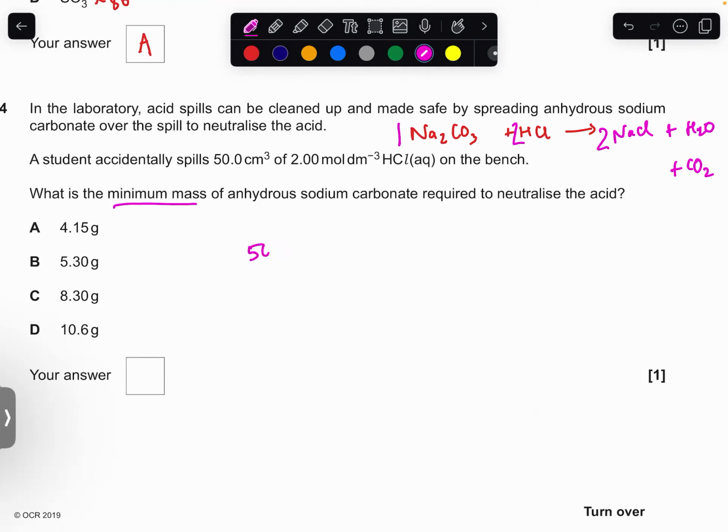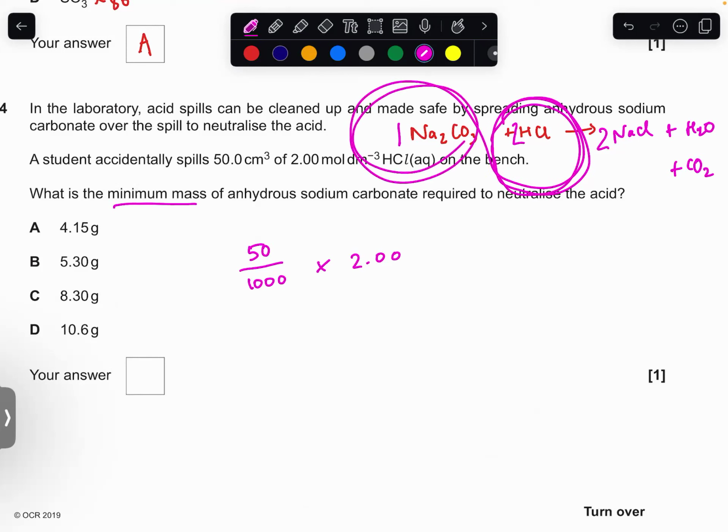You see, from the acid, let's work out how many moles this is. Volume times concentration gives you the moles of HCl. HCl reacts in a 2-to-1 ratio, and so if we divide that by 2, that's the number of moles of sodium carbonate that will be needed. But we want the mass.